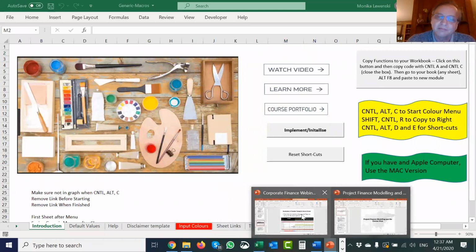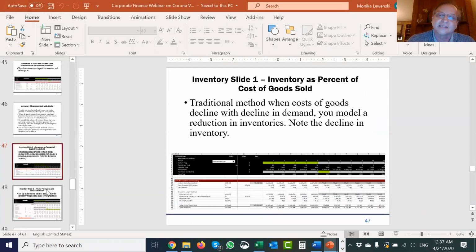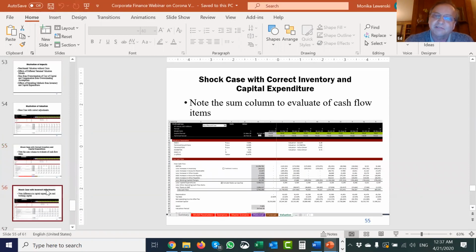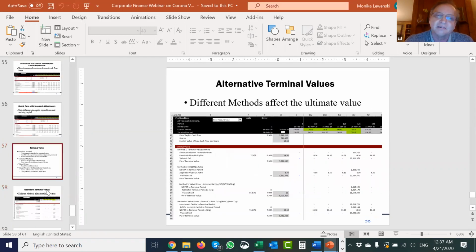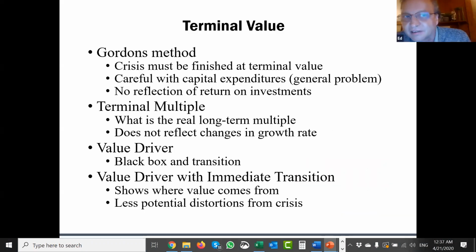I'm going to switch to my slides again. If you just use a cash flow for your terminal value, just growing the cash flow at the end of the period, that's very, very dangerous. You just can't do that. What you can do is use the value driver formula.